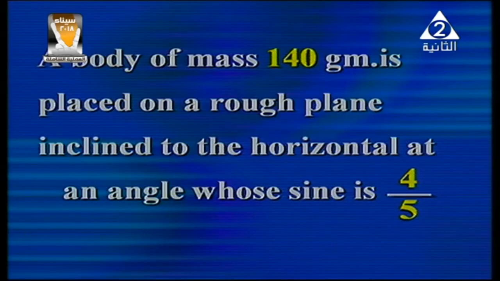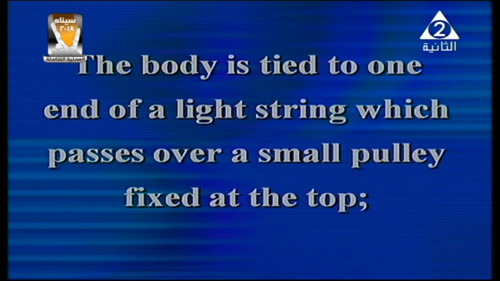Dear student, look at this important example. A body of mass 140 gram is placed on a rough plane inclined to the horizontal at an angle whose sine is 4 over 5. The body is tied to one end of a light string which passes over a small smooth pulley fixed at the top.